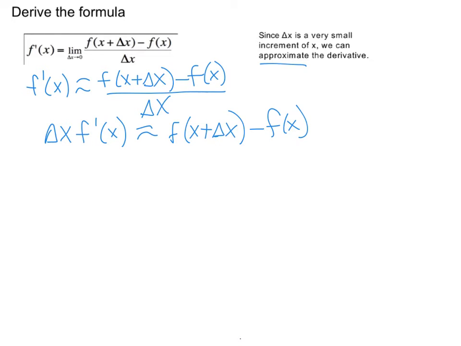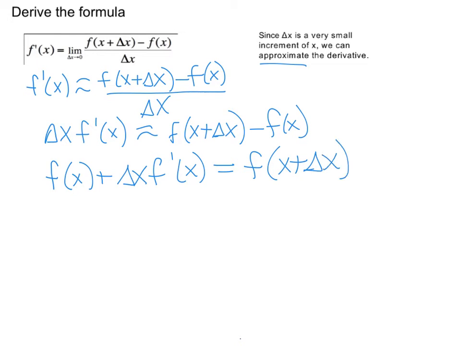And then we add that f of x to the other side, and we end up with f of x plus delta x times f prime of x is approximately f of x plus delta x. So the function at x plus a little bit, because this delta x is a very, very small amount, is equal to the function plus that little bit times the derivative.